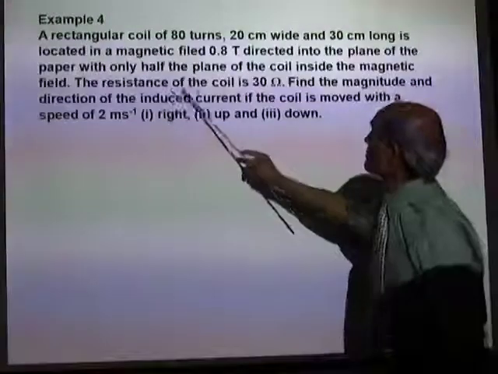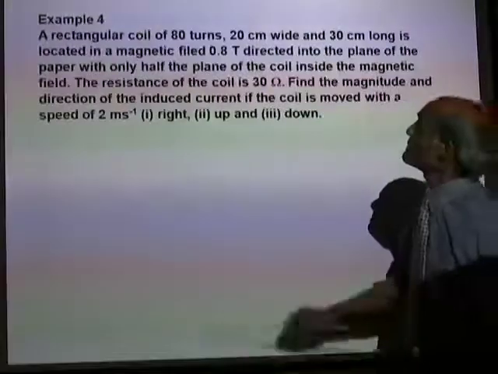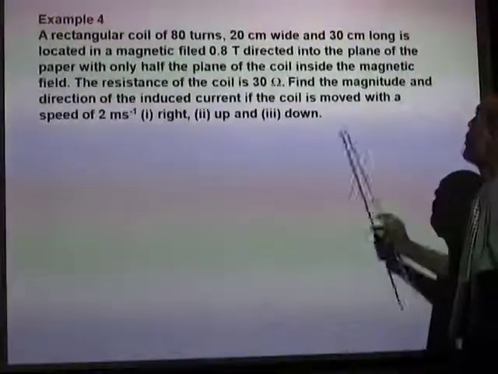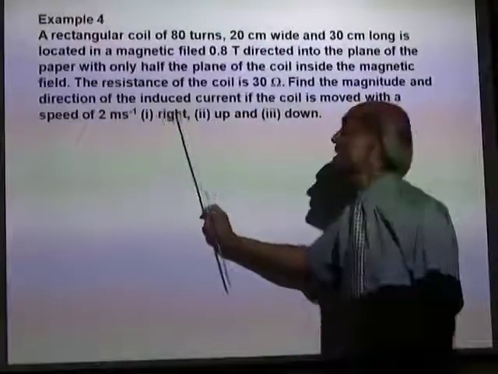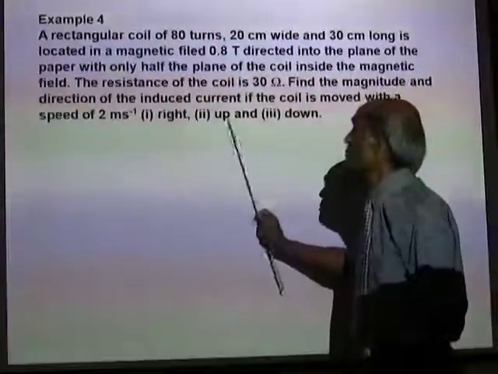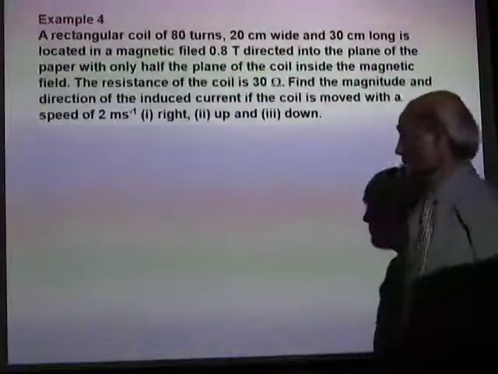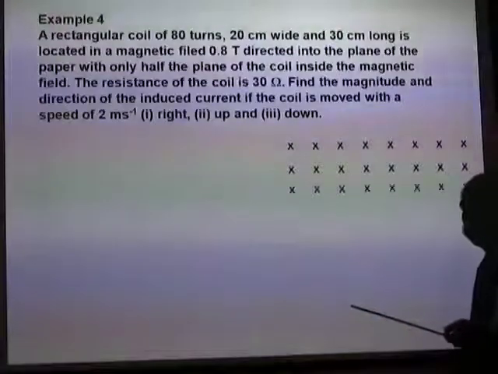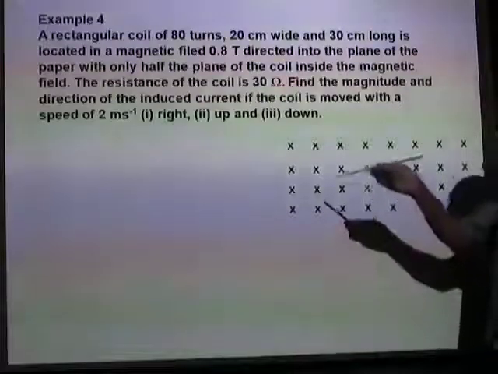Alright, the resistance of the coil is 30 ohm. Find the magnitude and direction of the induced current if the coil is moved with a speed of 2 meters per second to the right, up, and down. Well, watch this diagram. Here, that indicates a magnetic field that is into the board.